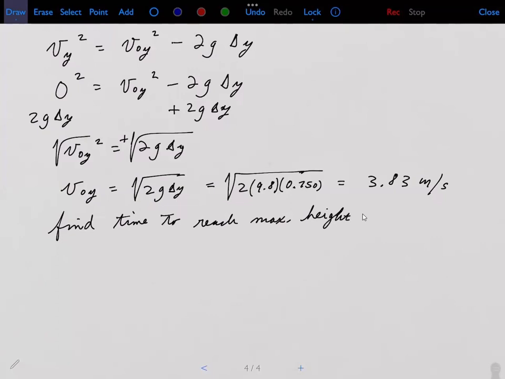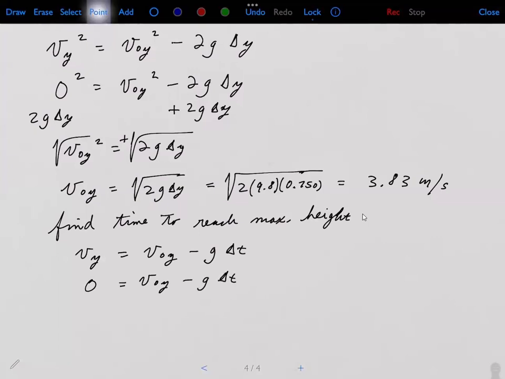How can we do that? Well, we could use this equation: Vy equals V naught y minus g delta t. Again, at the highest point, the velocity is 0. At the max height, the basket, the velocity, just for an instant, is 0. And then I could solve this for delta t.